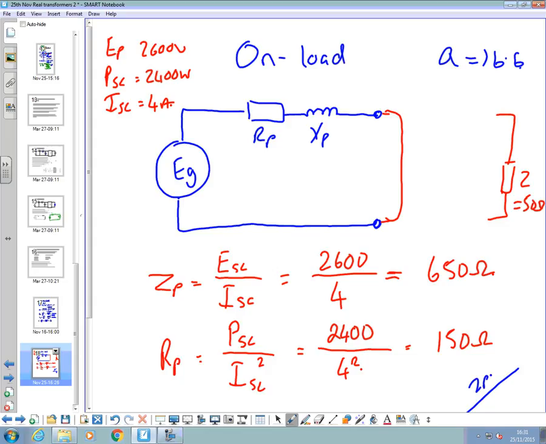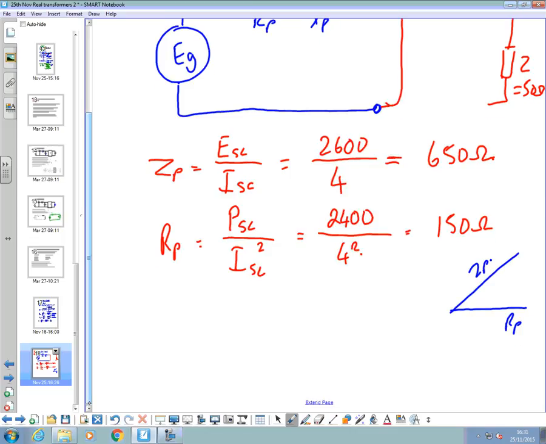Got me? So we're using the total impedance of that, and we've just found RP as well.